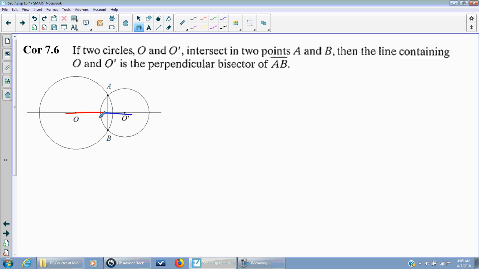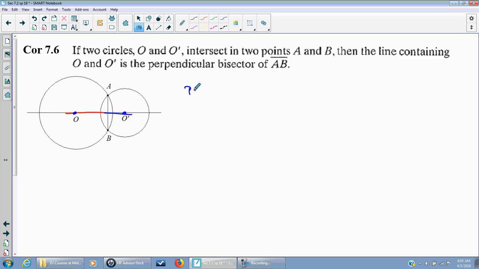Of course, the perpendicular bisectors are the same, so that means the line through those 2 points is the perpendicular bisector. So that's just using theorem 7.4 twice. Because this chord is a chord of both circles, the perpendicular bisector goes through both centers. Okay, so not a whole lot to do on that one.